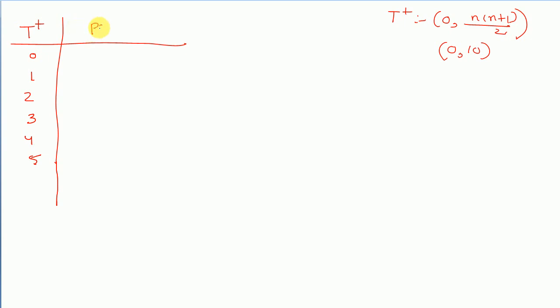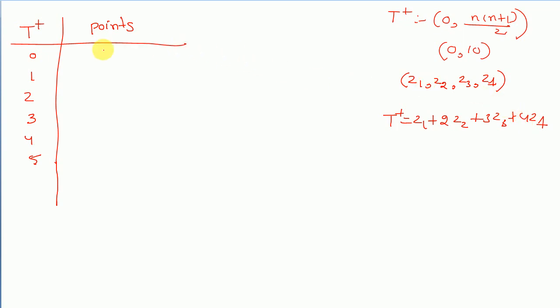Now we will write points in the second column. Now what are these points? These are the points having the form of a 4-tuple, Z1, Z2, Z3 and Z4, and you remember what these Zi's are. Now see, T plus equals Z1 plus 2Z2 plus 3Z3 plus 4Z4.